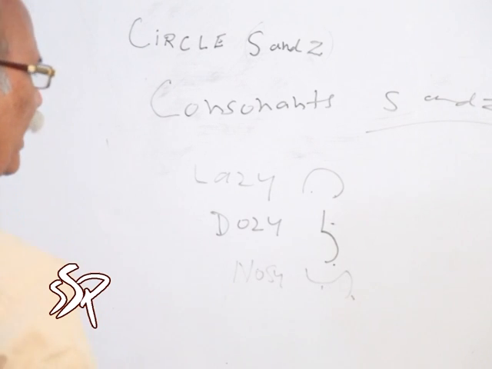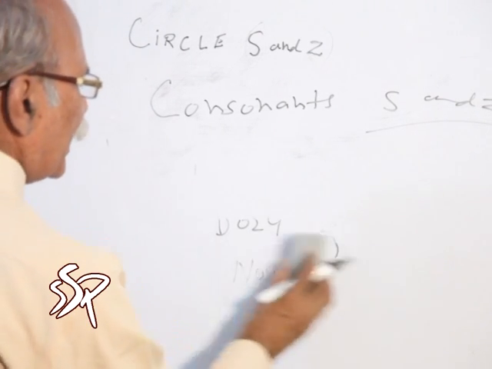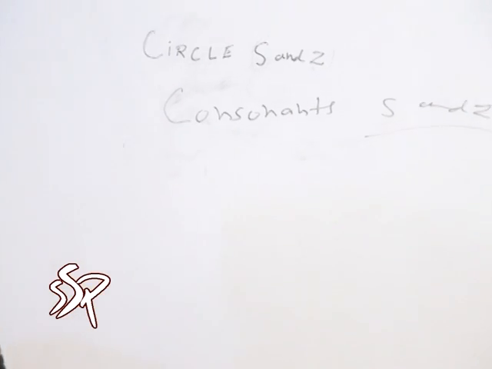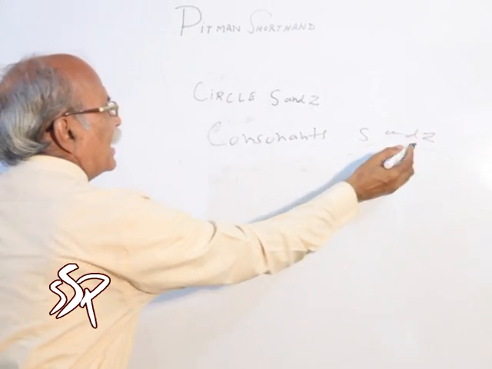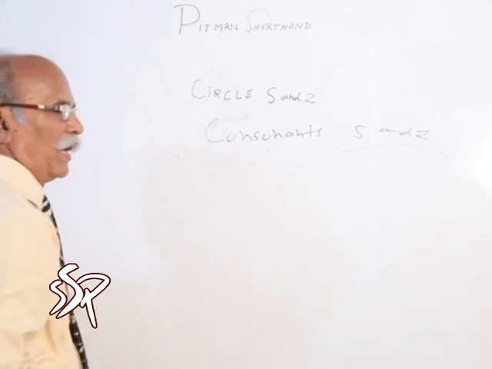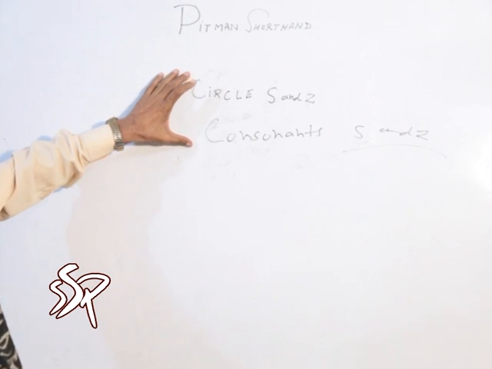So when a vowel is used in the final of the word, the consonants S and Z are used, not the circle.